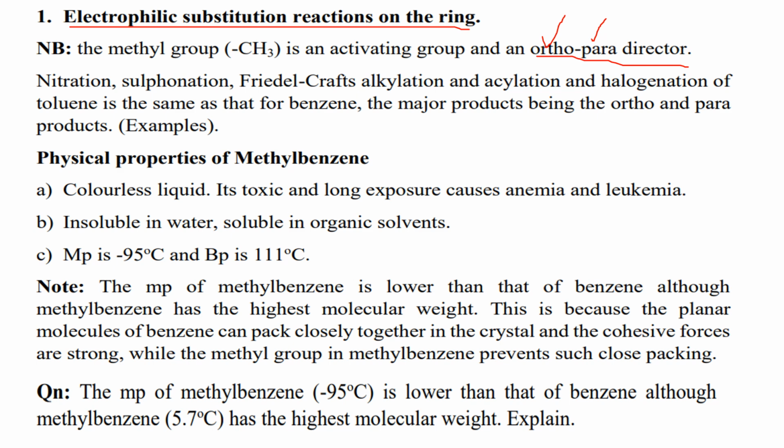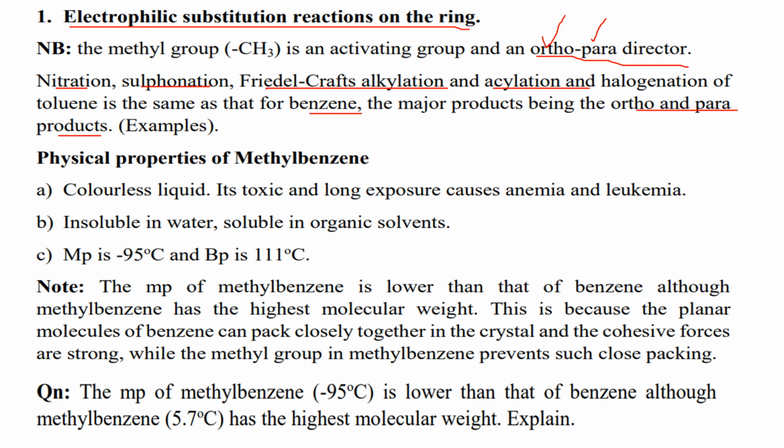That's why here we're having nitration, sulfonation, Friedel-Crafts alkylation and acylation, and halogenation of toluene is the same as that for benzene, with the major products being the ortho and para products. Now we are going to be looking at the specific examples under that.